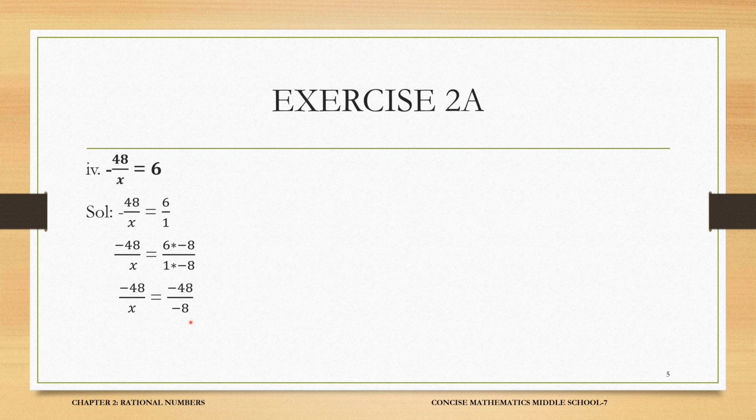Then what you get is plus into minus, minus, 6 eights are 48, plus into minus, minus, 8 ones are 8. So what is the x value? The x value is minus 8.